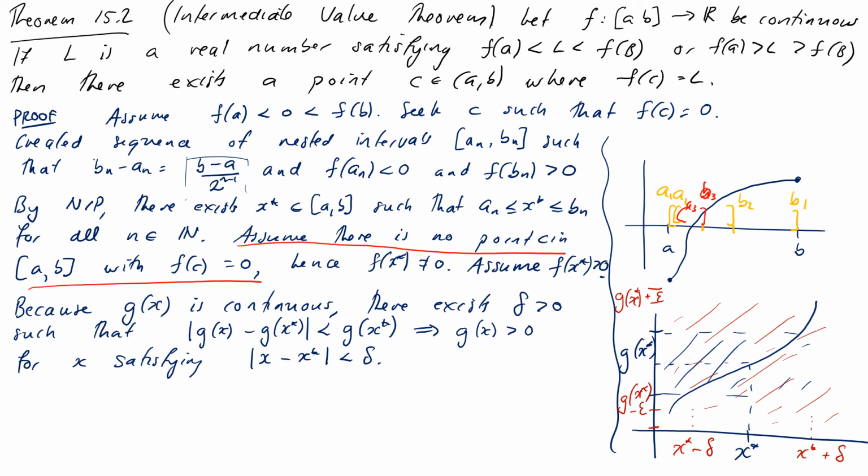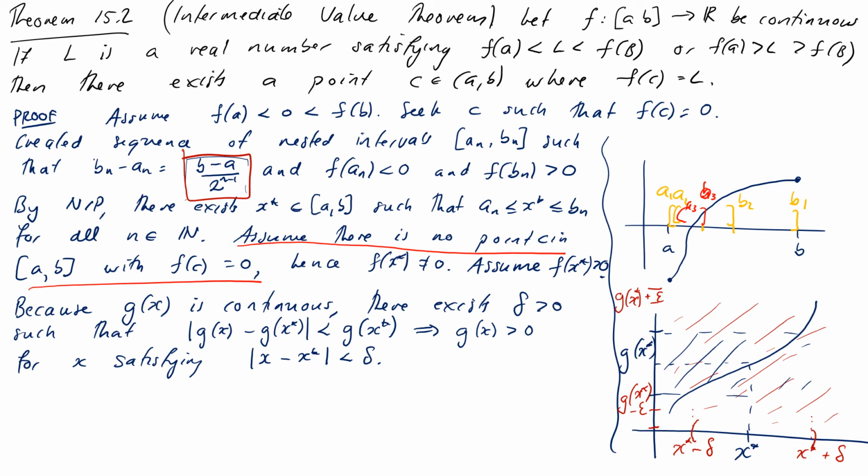Okay, so the stage is set now for our argument. Remember that our sequence that we developed has a size that converges to 0. If we consider the sequence of interval sizes, this converges, which means that we can find a natural number n such that the length of the interval surrounding x star is small enough to fit inside this x star minus delta, x star plus delta region.